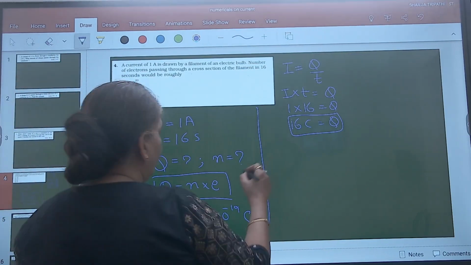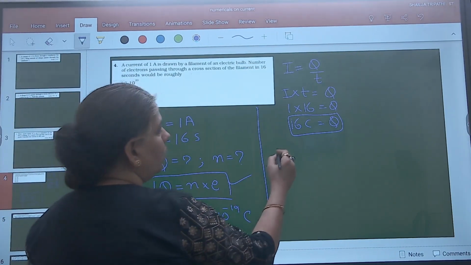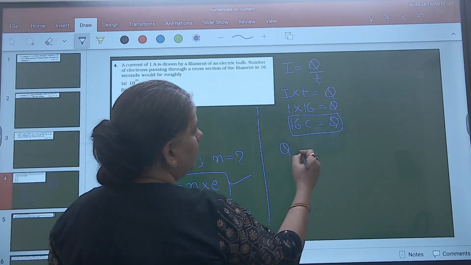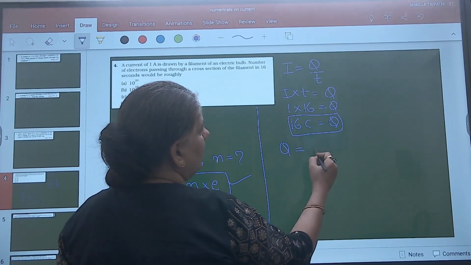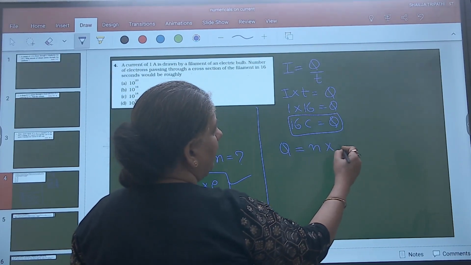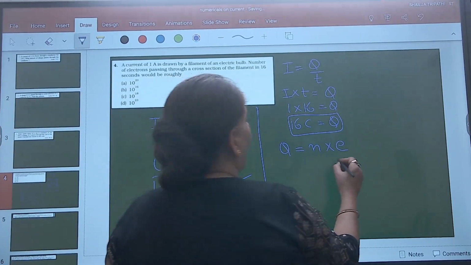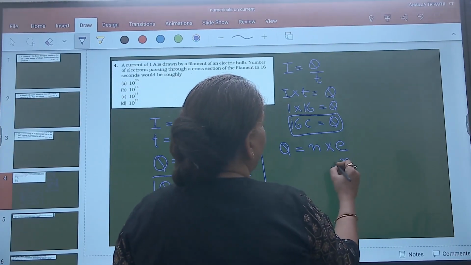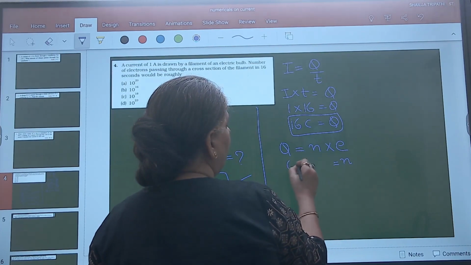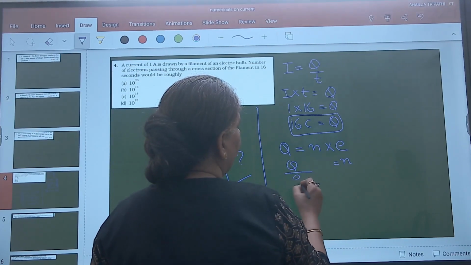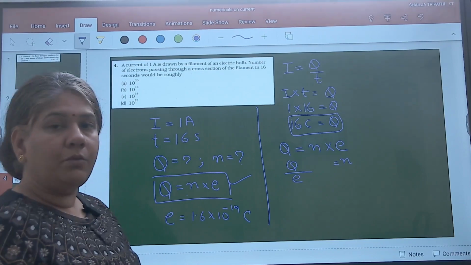Now use this relationship. Q is equal to, that is total charge is equal to number of electrons multiplied by charge on each electron. So let's rearrange. Number of electrons is equal to total charge upon charge on one electron.